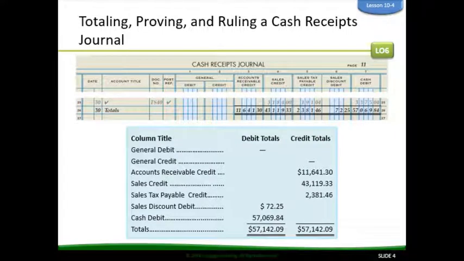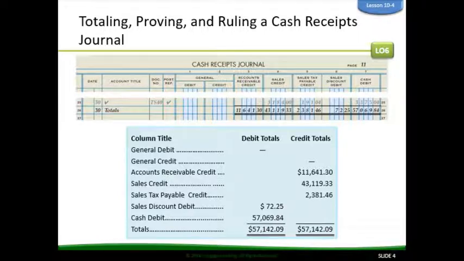Totaling, proving, and ruling a cash receipts journal. If you notice, you're just going to take the totals from each column and put them down where they go below. So the first column, going left to right, is accounts receivable credit, $11,641.30.